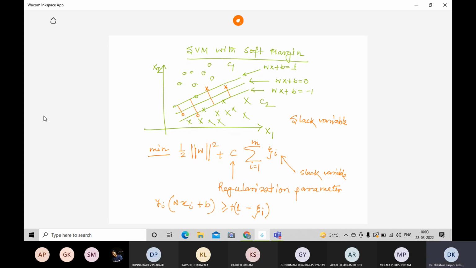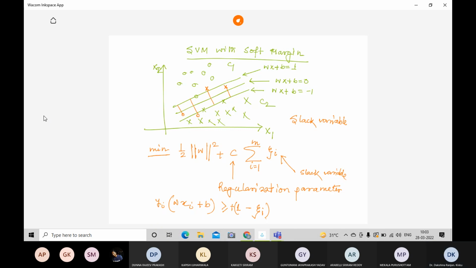When we obtain the Lagrangian equation, we write the primal optimization problem half of w square plus C into summation over chi i, minus summation over alpha i [yi into (w xi plus b) minus (1 minus chi i)].